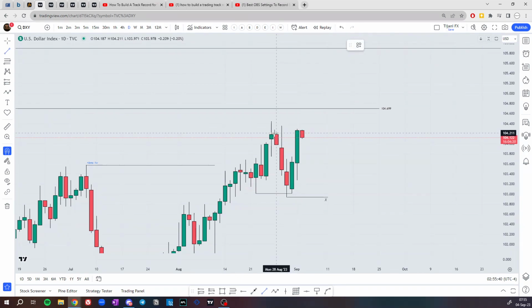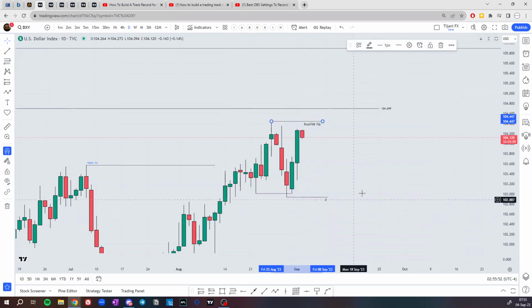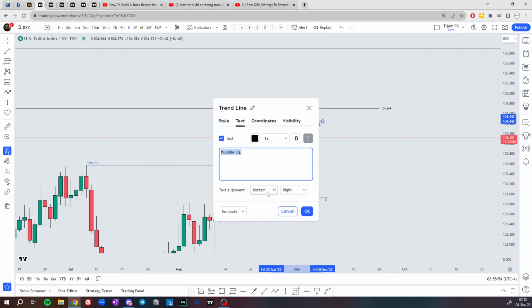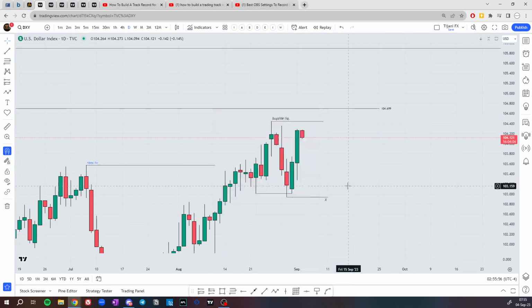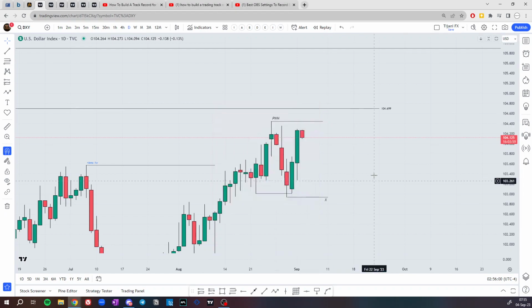We have the buy side liquidity above these highs. First, the previous weekly high, let's say maybe the previous weekly high, and I'm expecting a continuation higher.